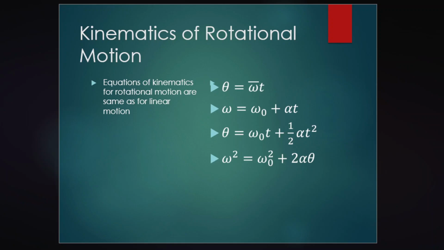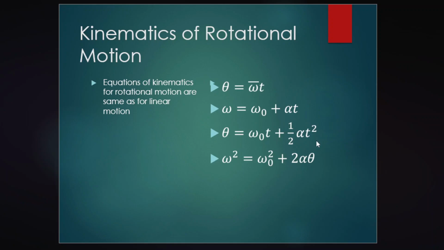And what's kind of cool about all this is the same equations that we use for translational motion, the linear motion, apply here. So distance is speed times time. Hey, look at that! Your angular displacement is equal to your omega times t. v is equal to v naught plus at. Omega is equal to omega naught plus alpha t.